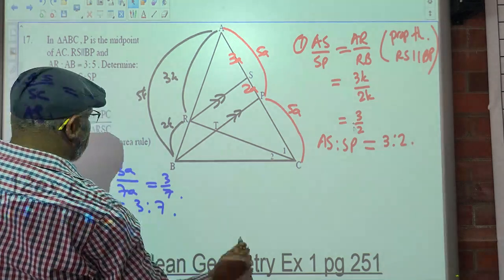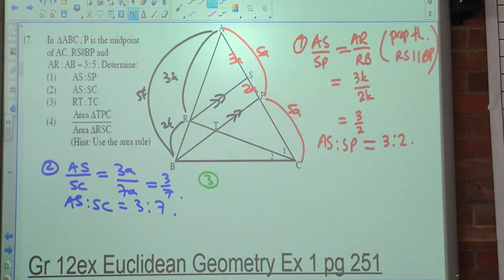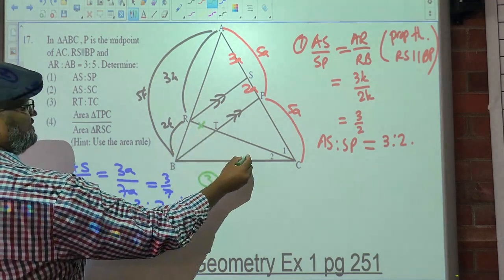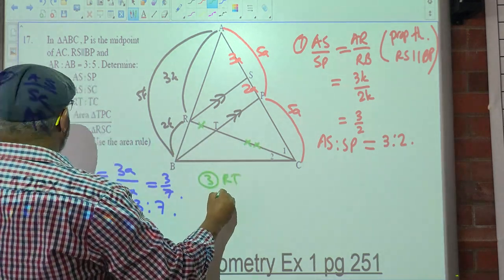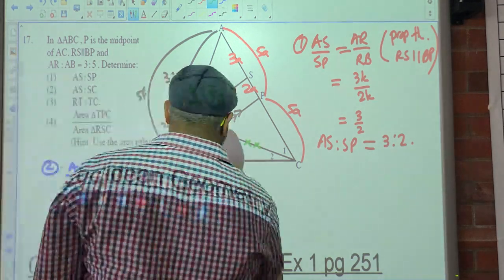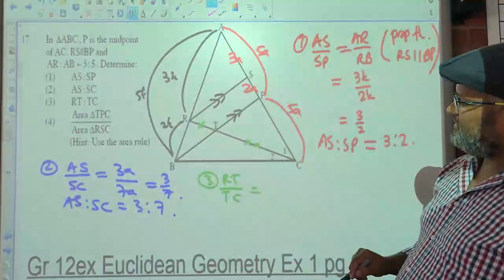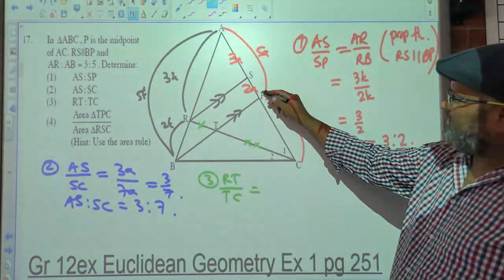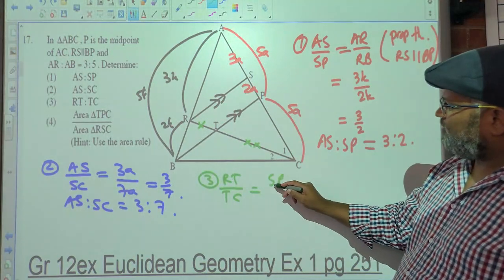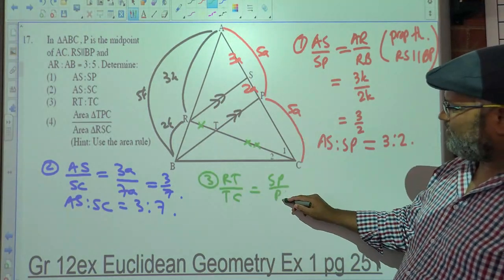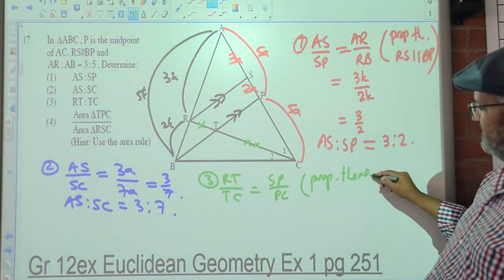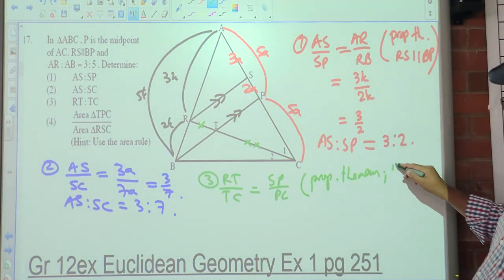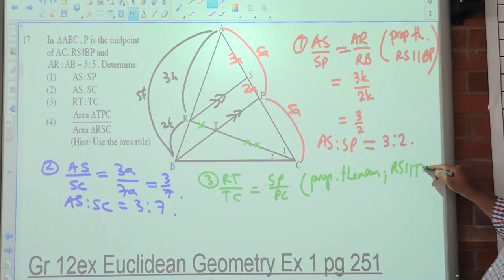For number 3, RT is to TC. But RT over TC is going to be SP over PC. Why? The proportionality theorem with RS being parallel to TP.